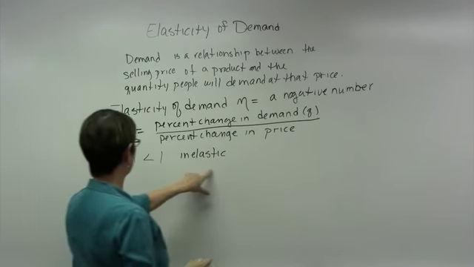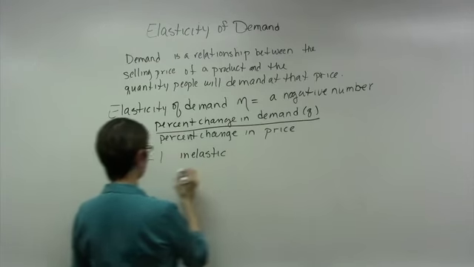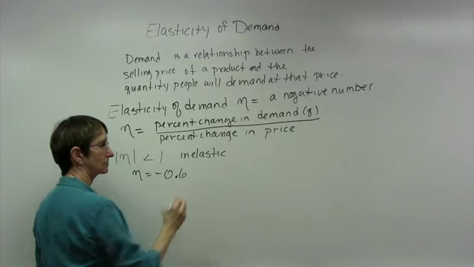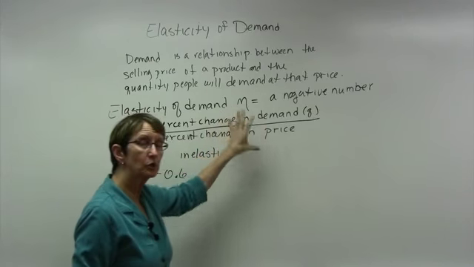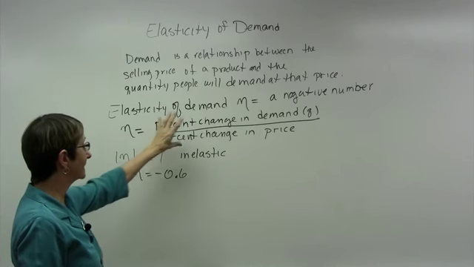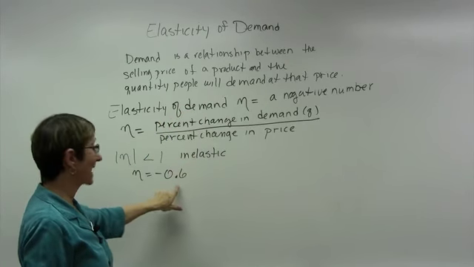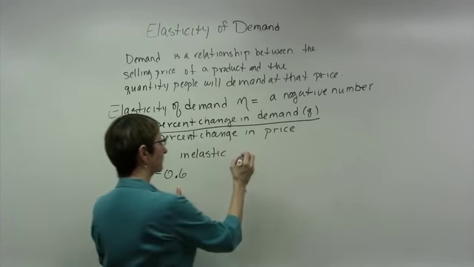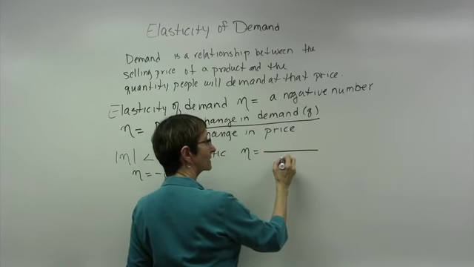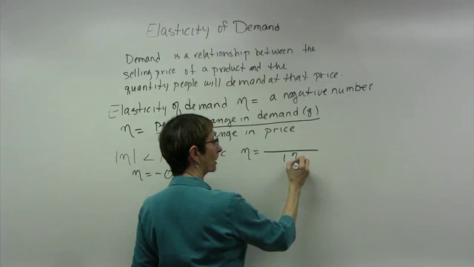Let's say that eta is equal to a negative 0.6. Think about this in terms of our fraction. If elasticity is less than 1 and it's a decimal, then let's say there's a 1% change in price.